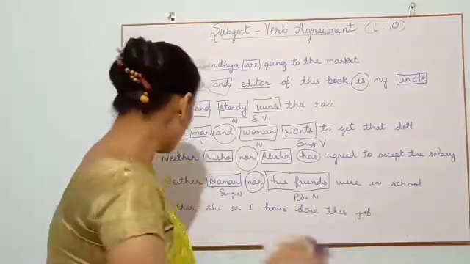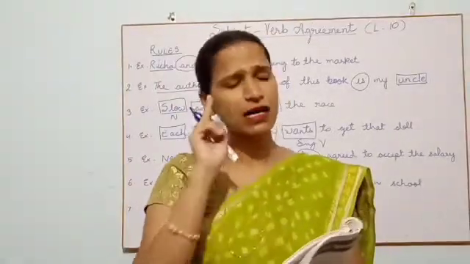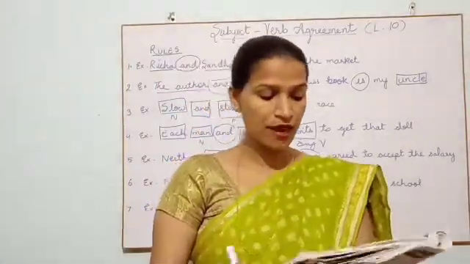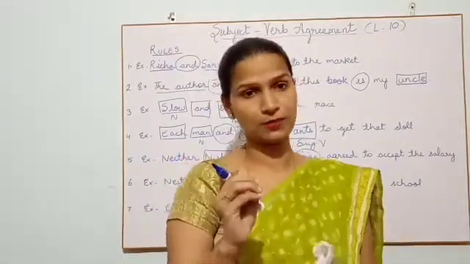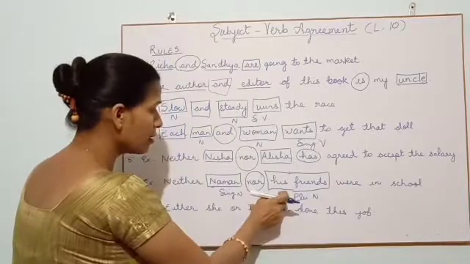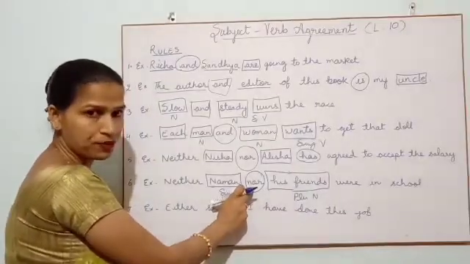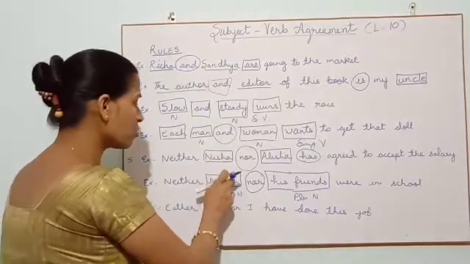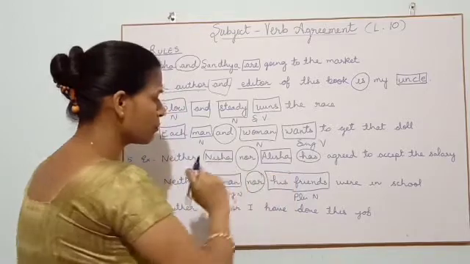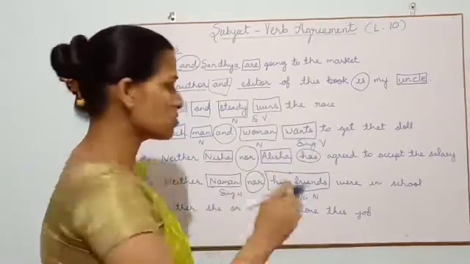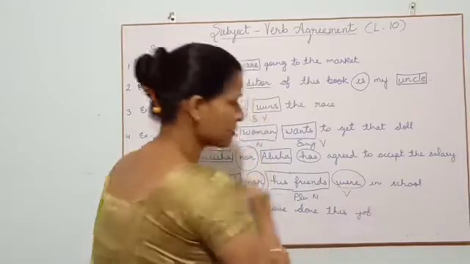So what does the rule say? Rule number 6 says the verb must be plural if one of the subjects connected by or, nor is plural. Any noun or subject which is connected with the word nor, if this would be plural, or if the other would be plural, in both cases we take the plural verb with it.